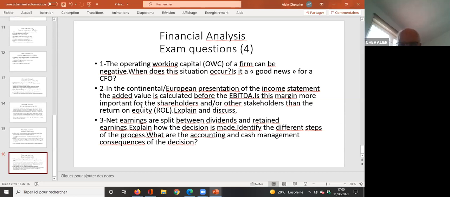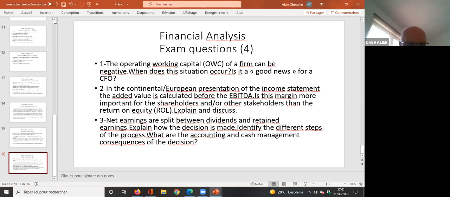Second one on the European continental presentation and the impact of the different margins on stakeholders or shareholders. And the third one, again, on net earnings split between dividends and retained earnings.